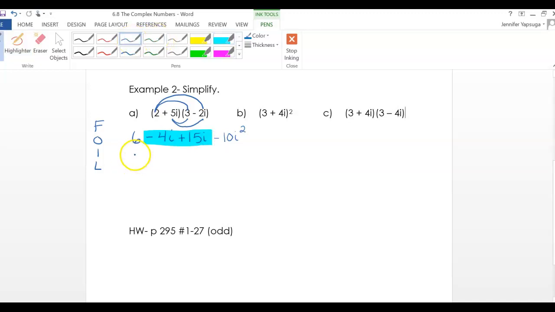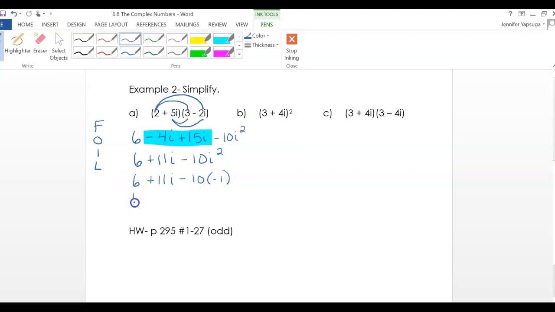So I'm going to get 6 plus 11i minus 10i squared. And then if we remember that i squared is equal to negative 1, I'm going to change this into 6 plus 11i minus 10 times negative 1.